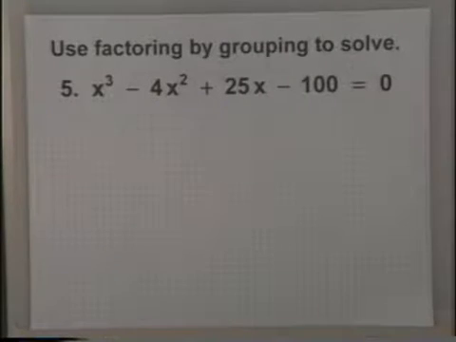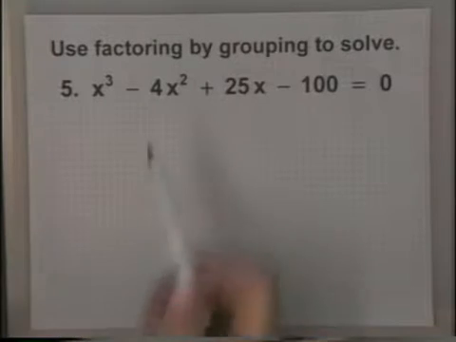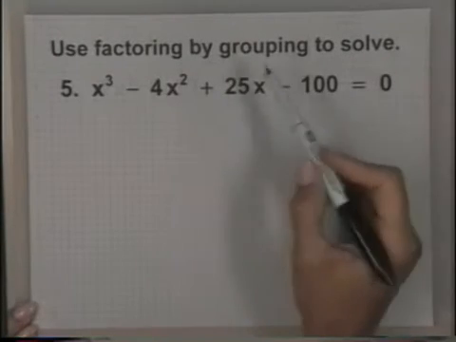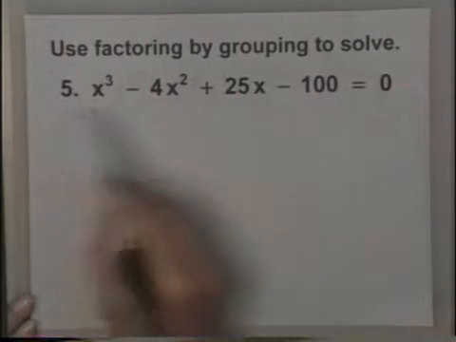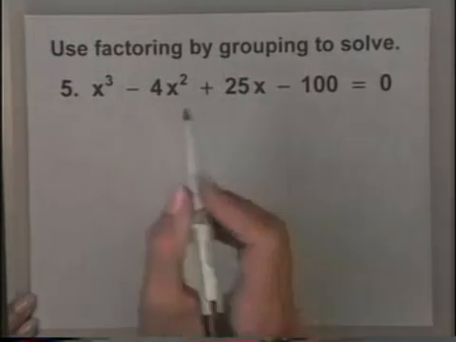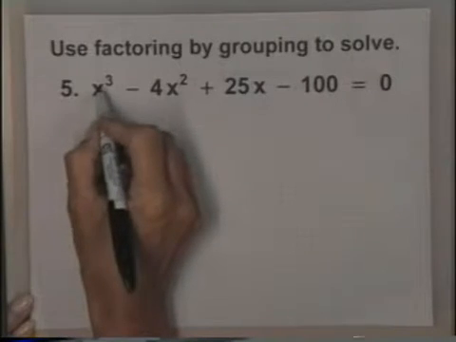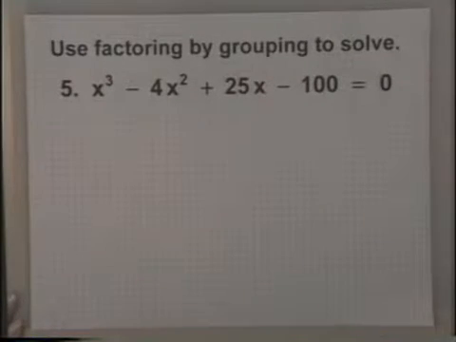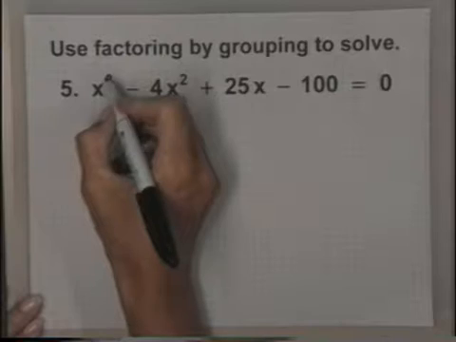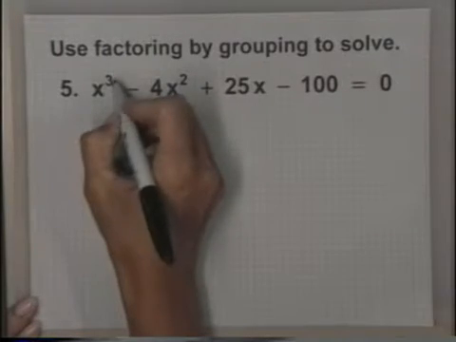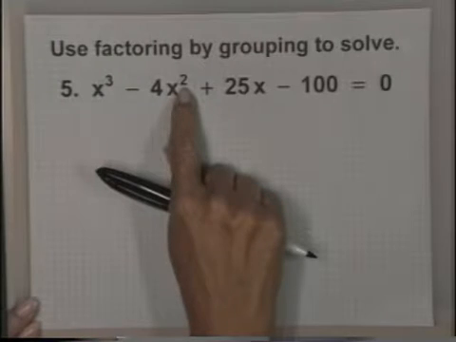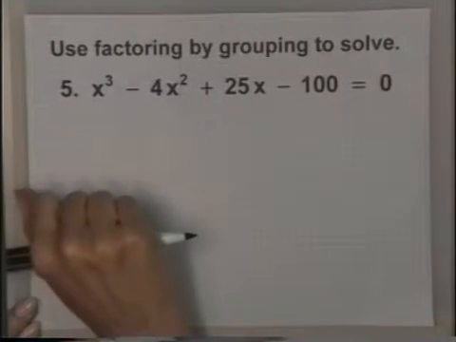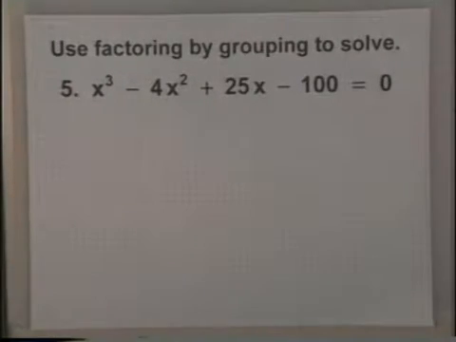Let's first discuss why we call this a higher degree equation. Notice we have the quadratic term, a linear term, and a constant term. This is not a quadratic equation though, because we also have the x cubed term. When we have a term where the power of x is greater than 2, we call this a higher degree equation.